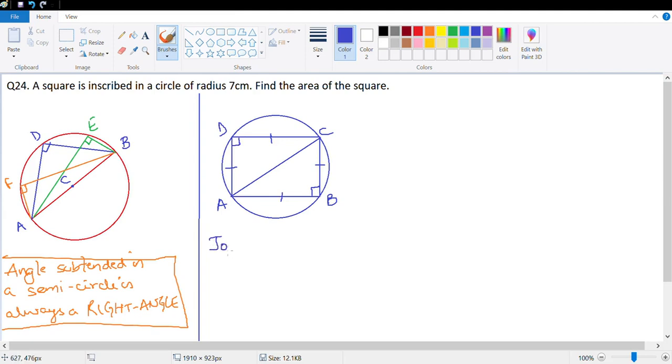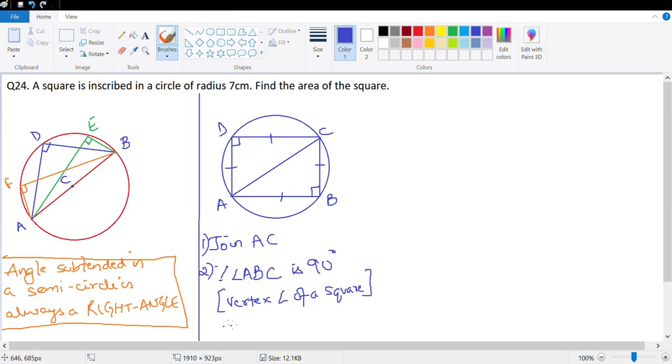So join AC. Number one. Number two, since angle ABC is 90 degree. Why is it 90 degree? Vertex angle of a square. So since angle ABC is 90 degree, therefore AC is the diameter of the circle.